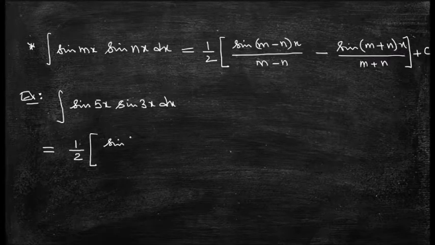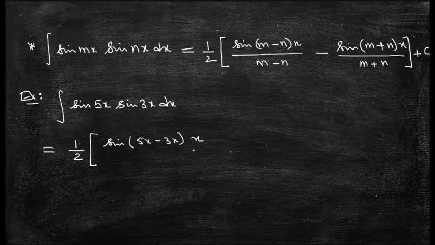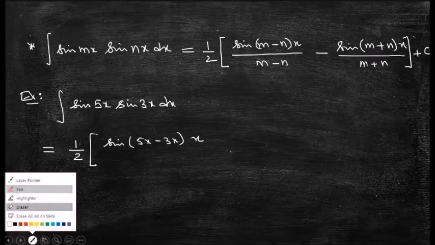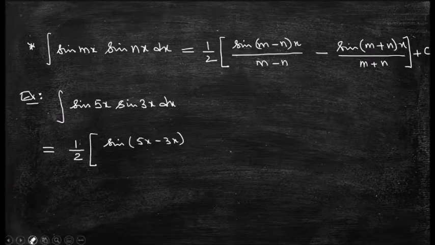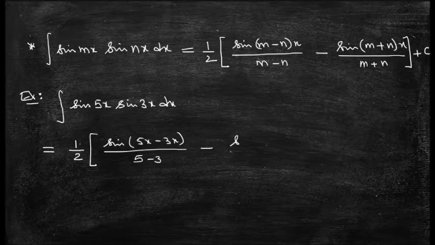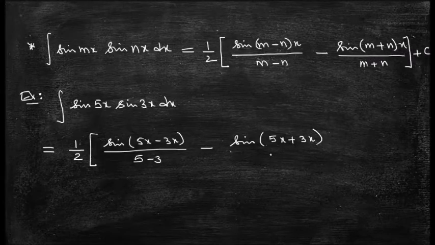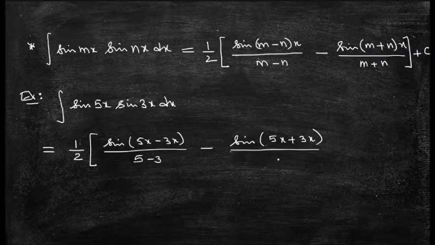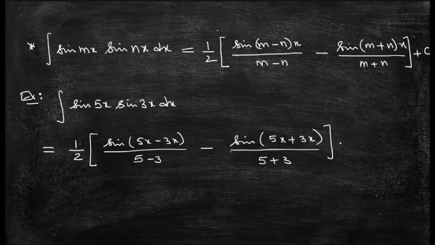Sin (5 minus 3)x by (5 minus 3) minus sin (5 plus 3)x by (5 plus 3) plus c.